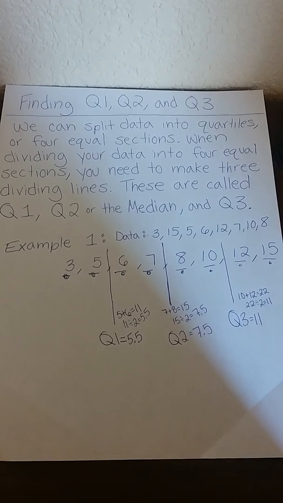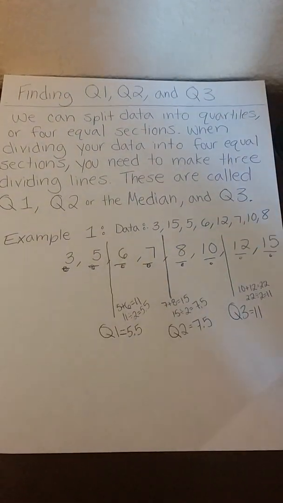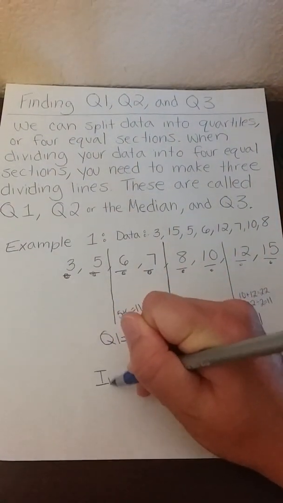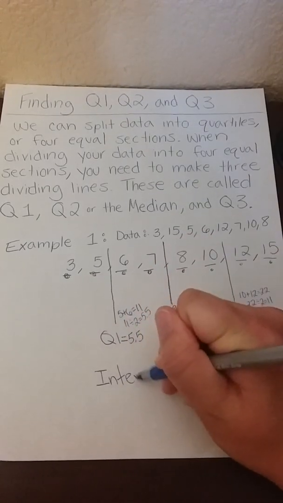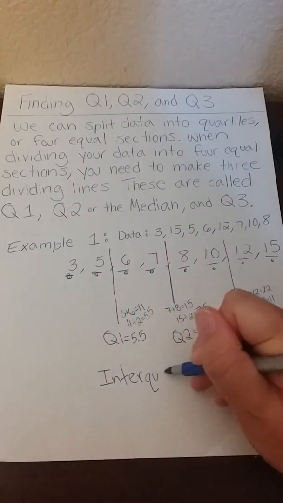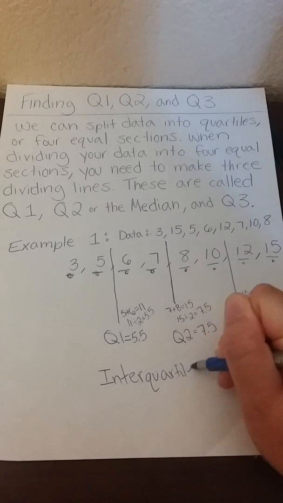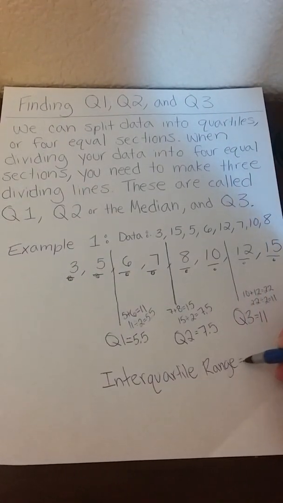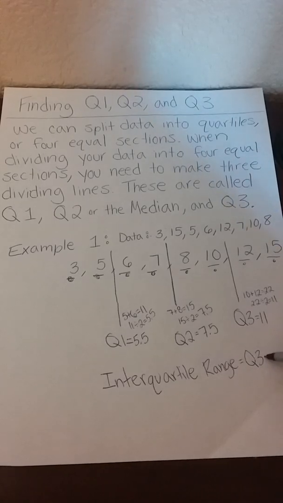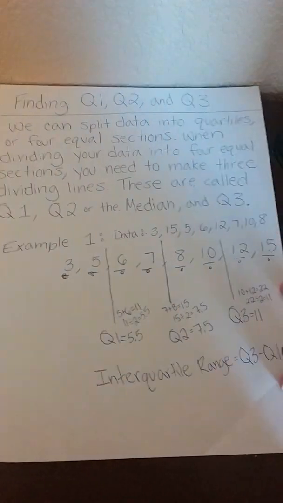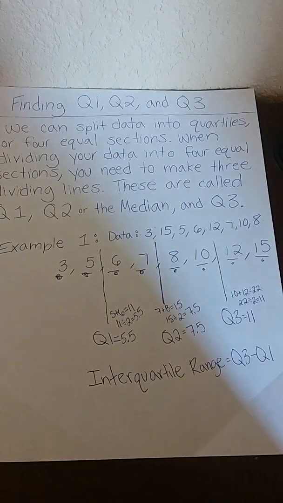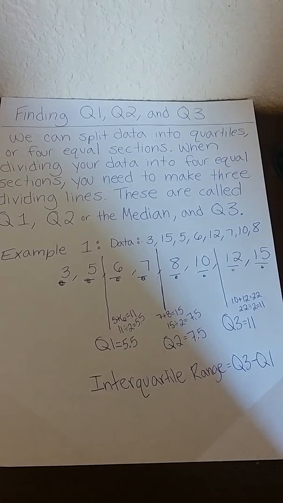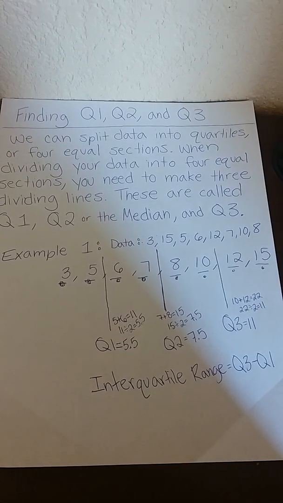Okay. One more statistic in this is what's called interquartile range. Interquartile range is Q3 minus Q1. So your interquartile range is whatever your Q3 is minus whatever your Q1 is.